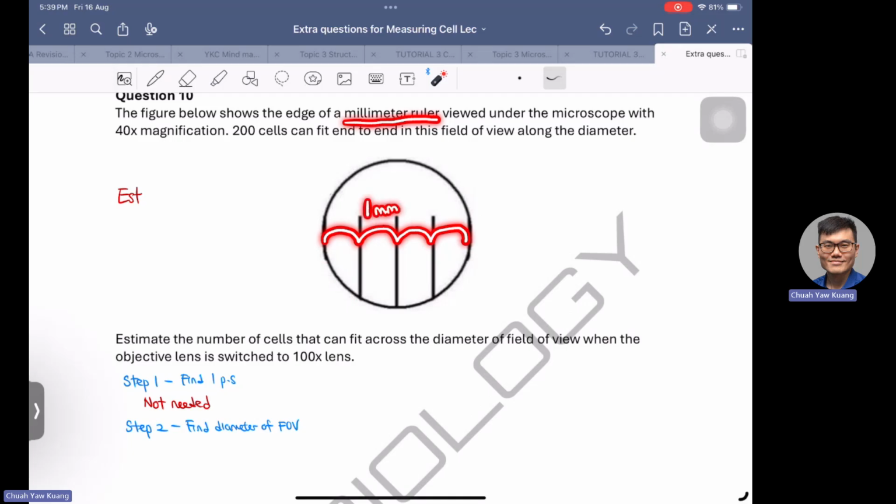So its total is 4 mm. That means this is the diameter of the FOV. So it is 4 millimeter.